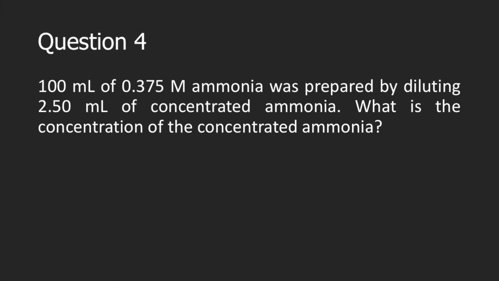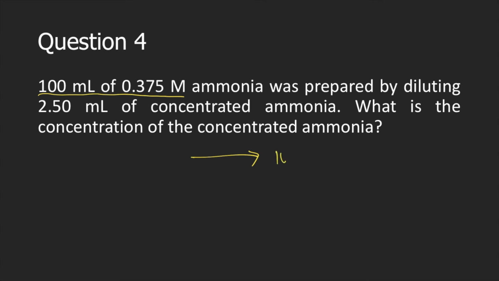100 ml of 0.375 molar ammonia was prepared by diluting 2.50 ml of concentrated ammonia. What is the concentration of the concentrated ammonia? The problem says that you are preparing 100 ml of 0.375 molar solution. You are preparing it, so that means it is your final solution.